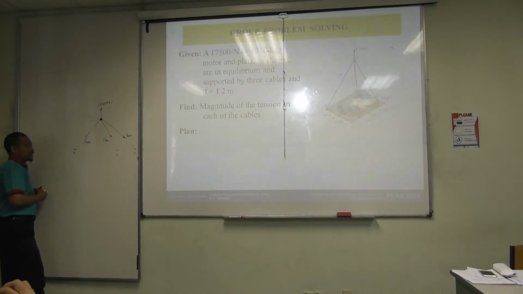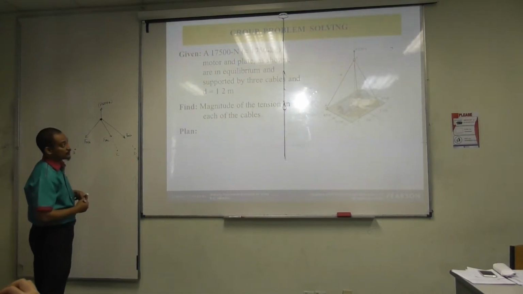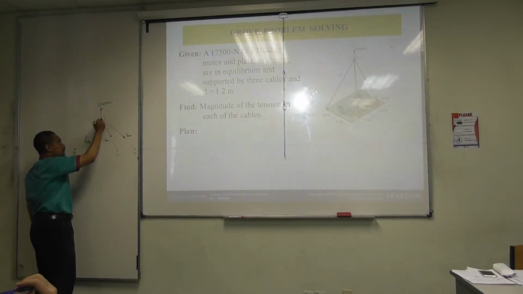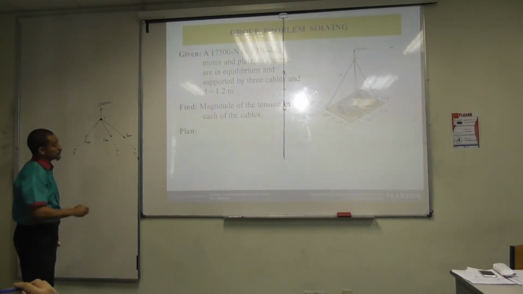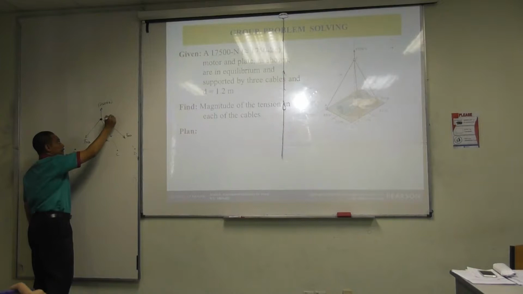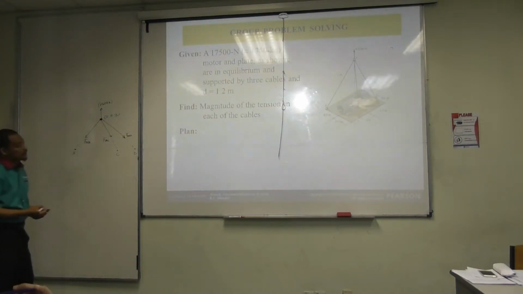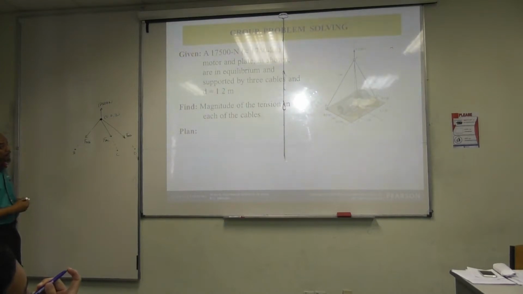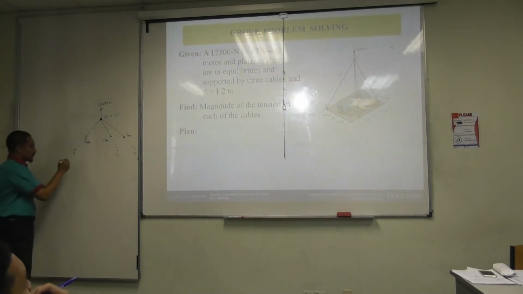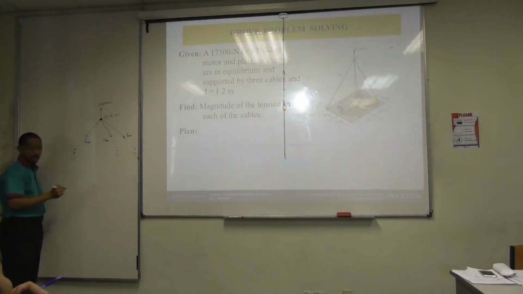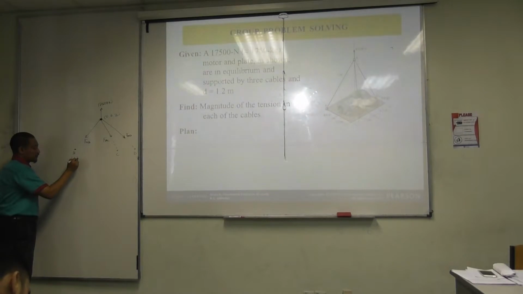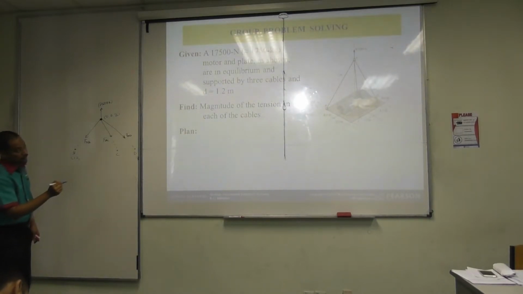So what are the coordinates? The coordinate of point A is 0, 0, 3. What about point B? X is 0.9, is it?